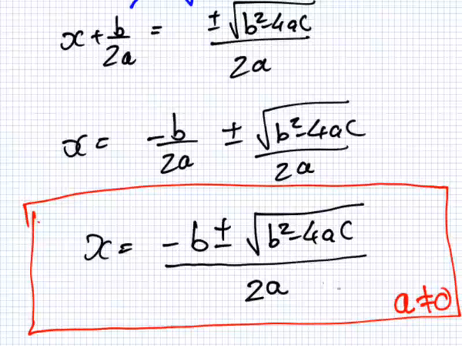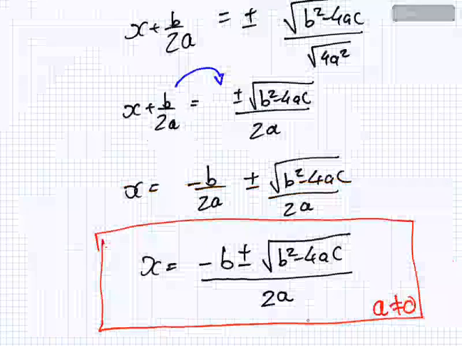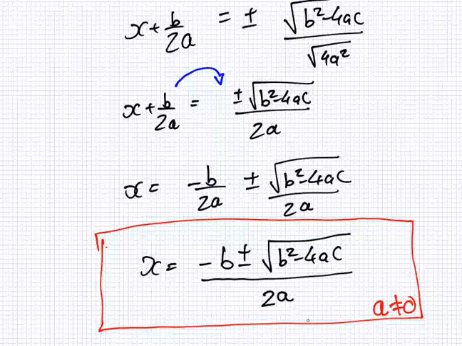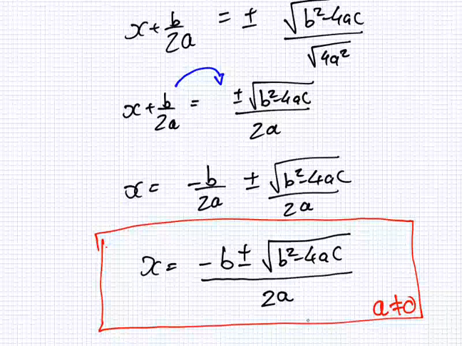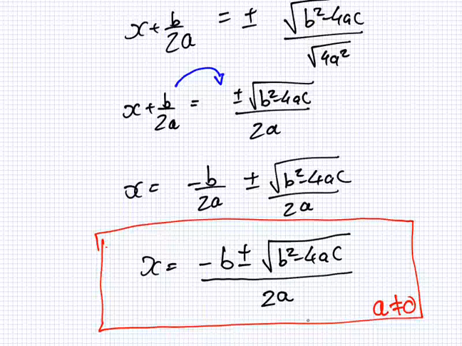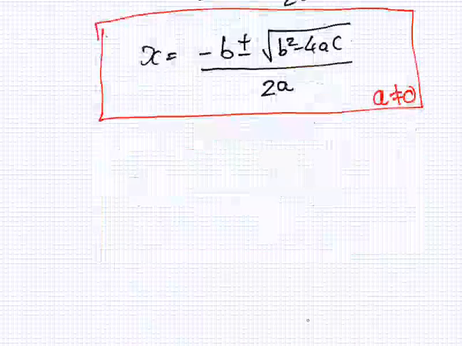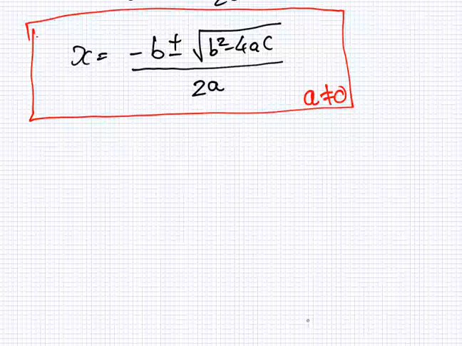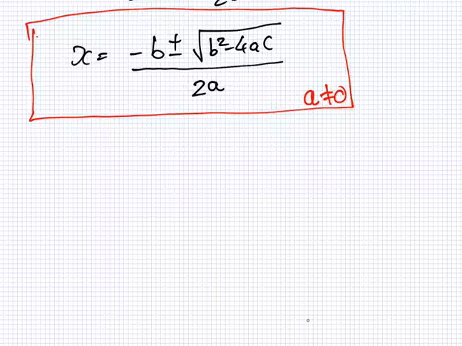So I'll multiply the top and the bottom by 4a. So now I get x plus b over 2a squared plus 4ac over 4a squared, sorry, that's a plus there, minus b squared over 4a squared equals 0.